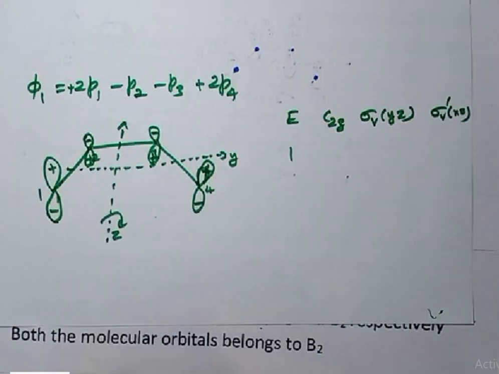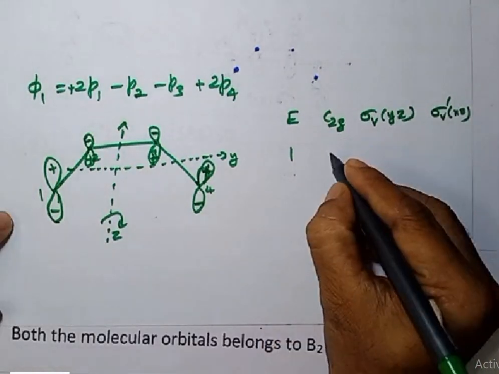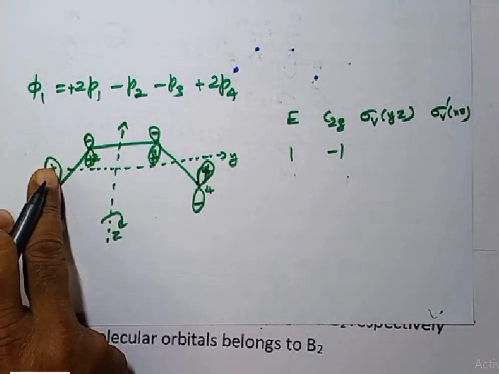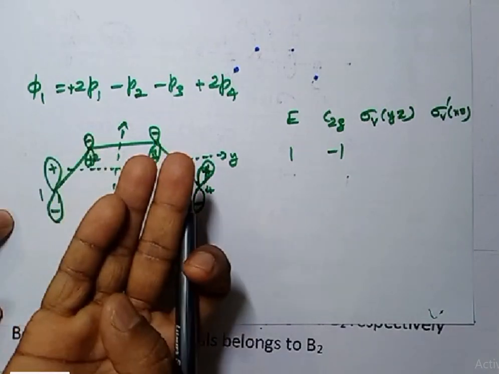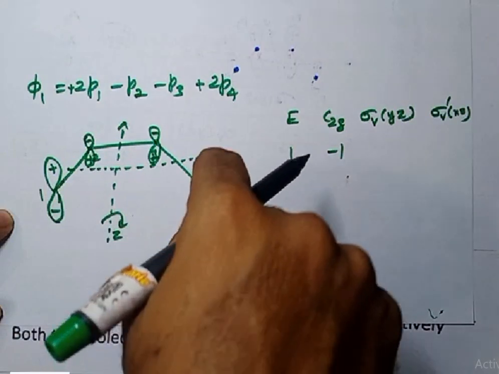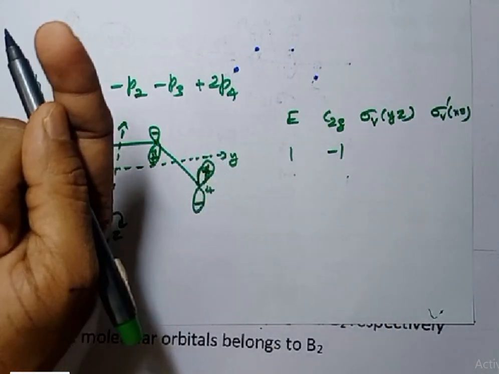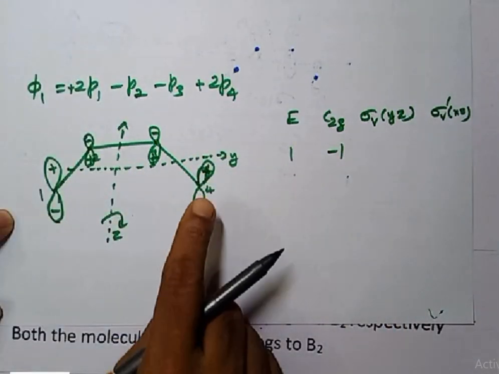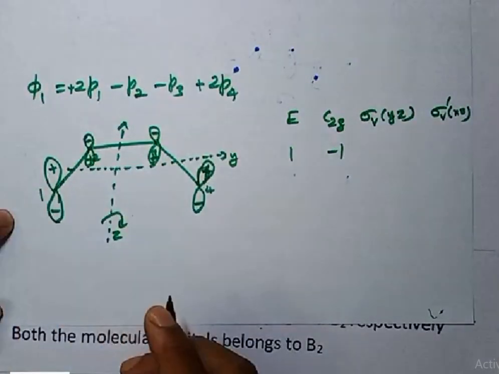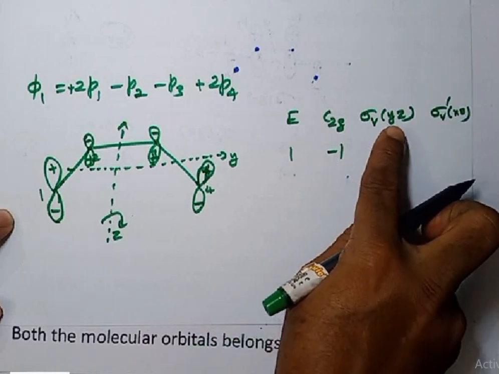That means the sign is changing, so you give -1 here. Here the upper lobe has a positive sign, but when you do rotation, P4 will come here in such a manner that the lower lobe becomes the upper lobe. The lower lobe is minus, and when it becomes the upper lobe the sign is changing. So give -1.